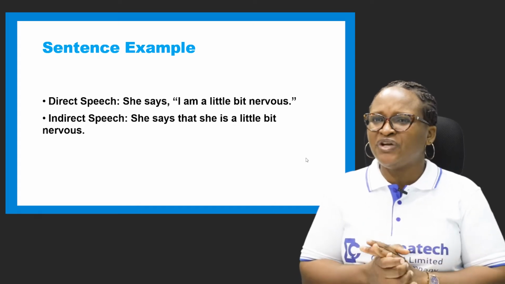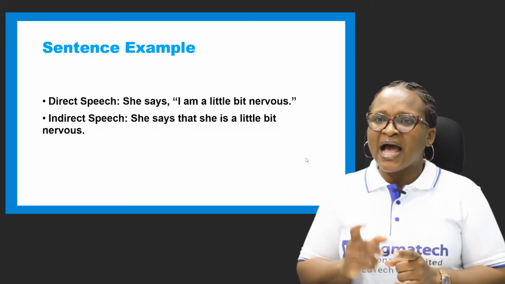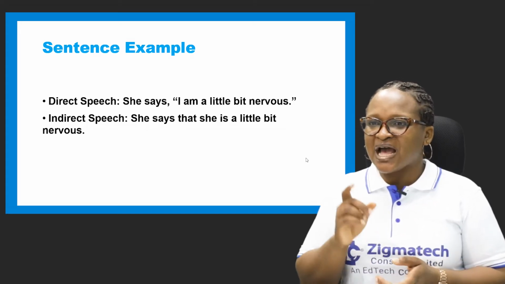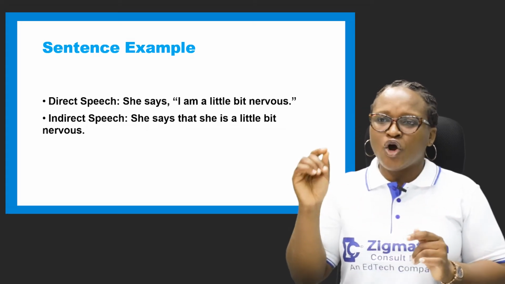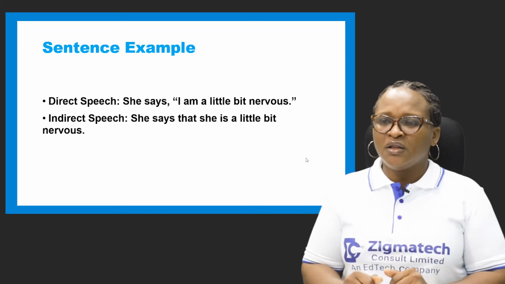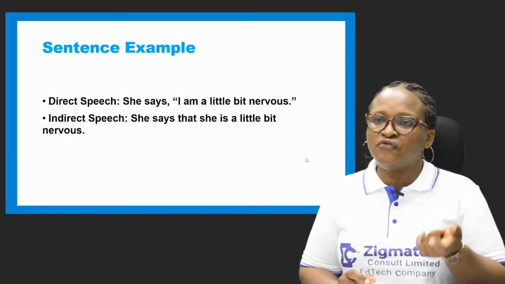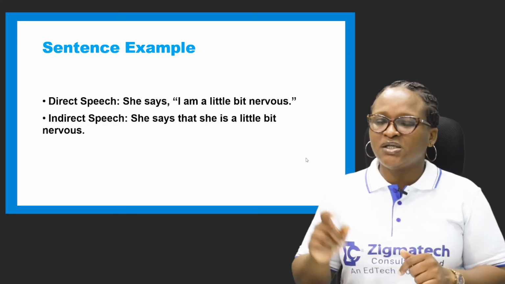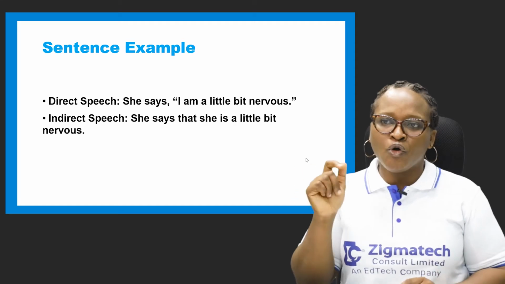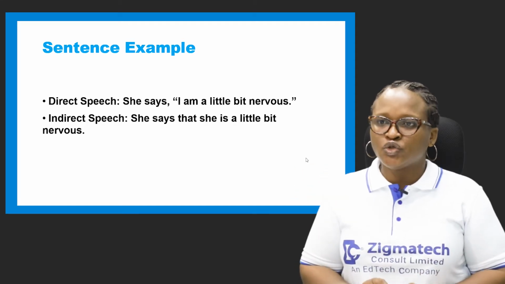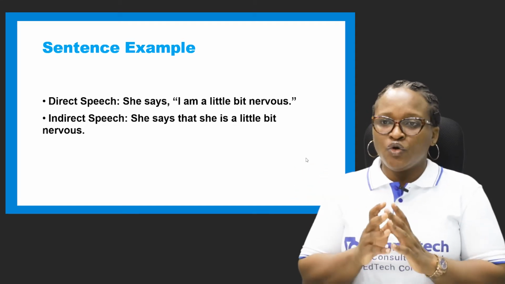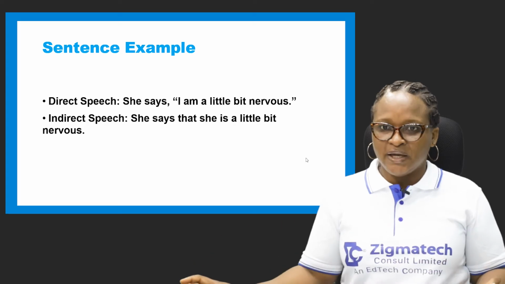The first letter must be written in capital, and that is, I am a bit nervous. After you're done with your sentence, observe your period. The period is what we commonly call the full stop. Observe your period, then give your closed quotation to show that you're finally done with what you have to say.